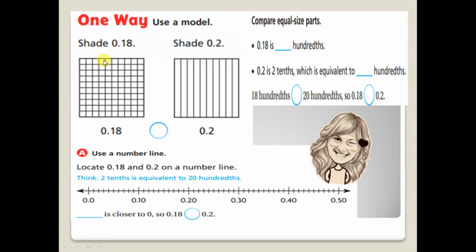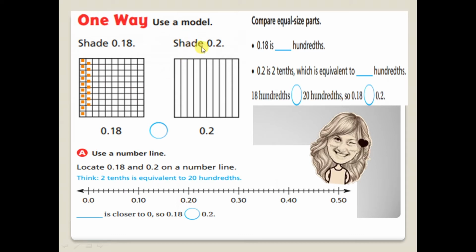Then 8 hundredths means 8 small squares: 1, 2, 3, 4, 5, 6, 7, 8. So in all we will color 1 whole line here and 8 out of 100 here. Okay, so it will be like this.